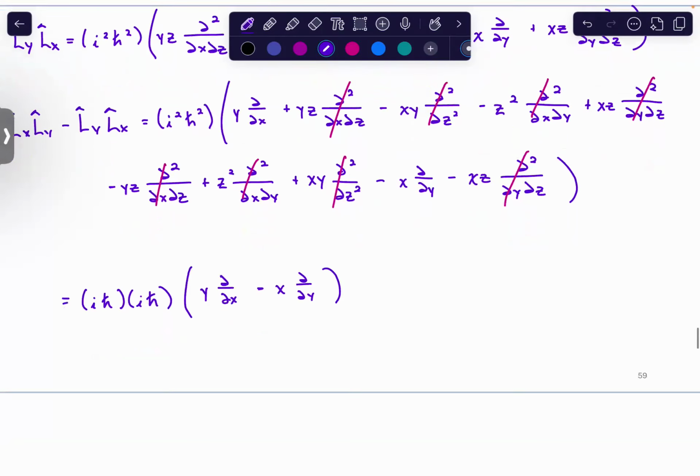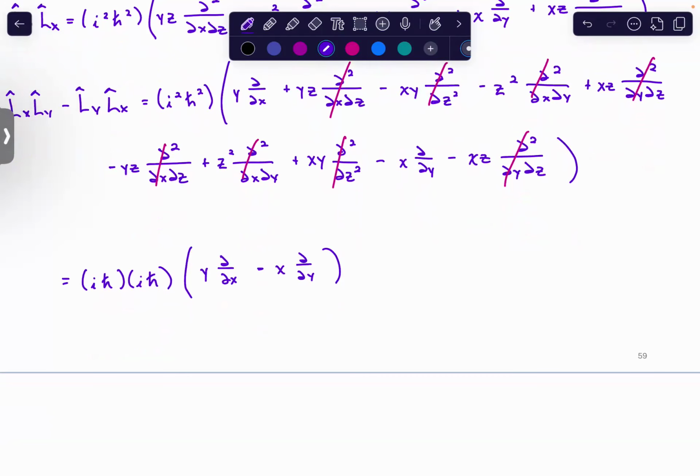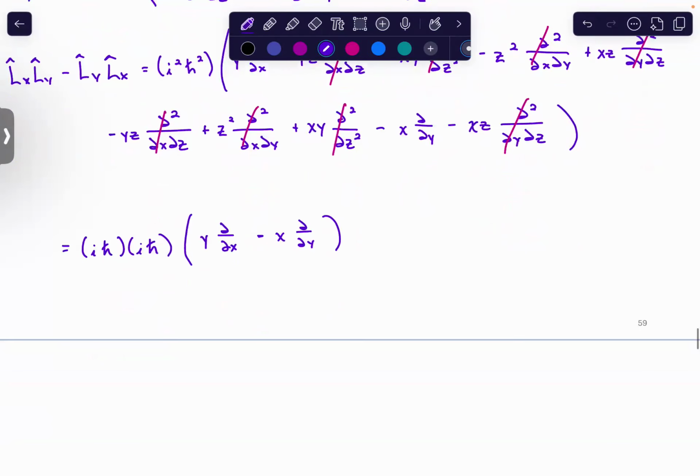Now what I can do is pull one of those i h bars inside. Well, I'm going to multiply by a -1 and pull that inside, okay? So that is going to become negative i h bar, and then multiplying by -1 now reverses these terms.